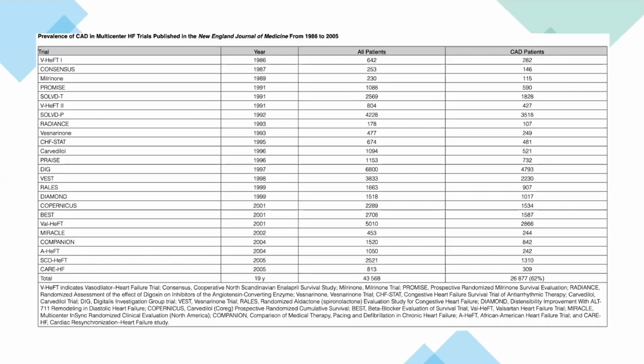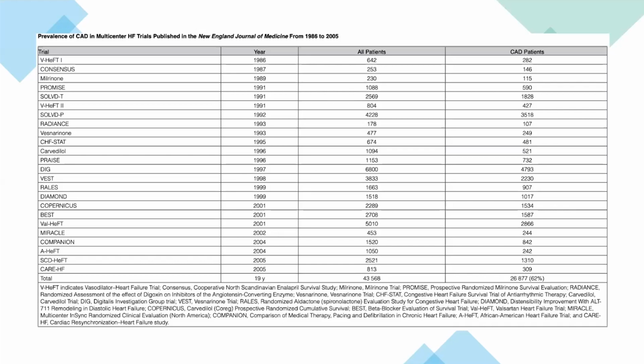This is a review of all the trials that have been published in NEJM with prevalence of CAD over the past 20 years or so, and this accumulative is about 45,000 patients. CAD is the underlying cause of heart failure in about 65% of these patients.